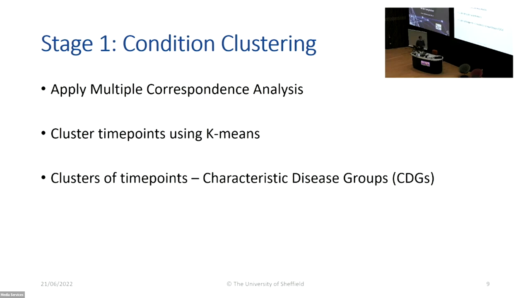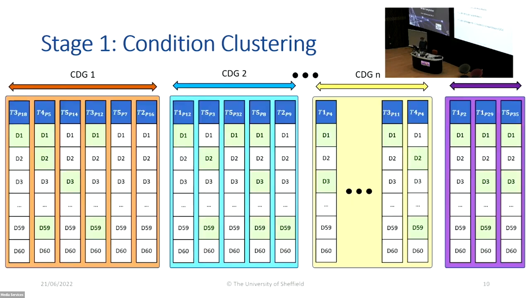These characteristic disease groups contain commonly co-occurring conditions. All of the time points of the entire data set are grouped into individual CDGs, characteristic disease groups, colored in different colors.